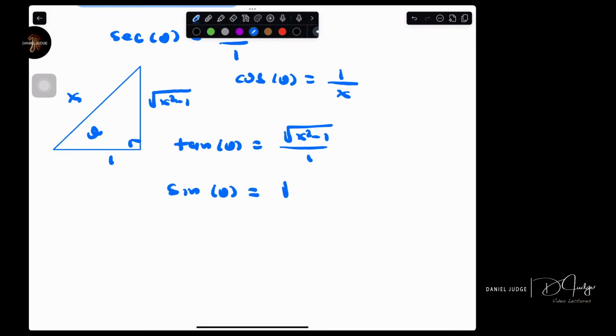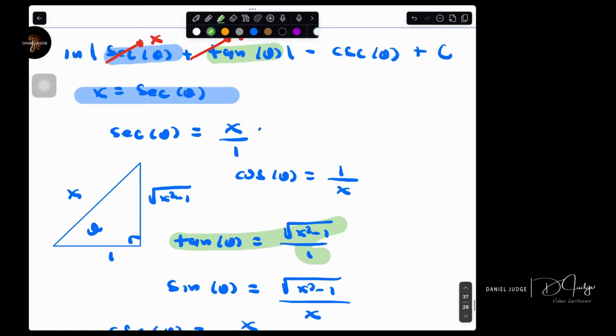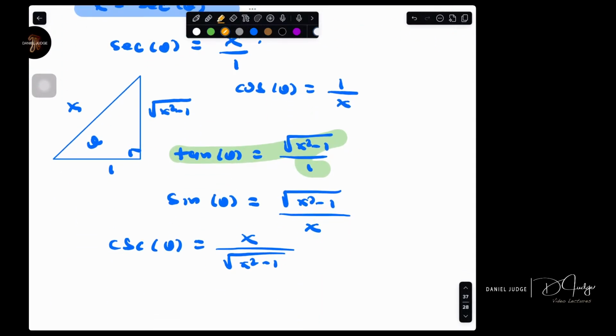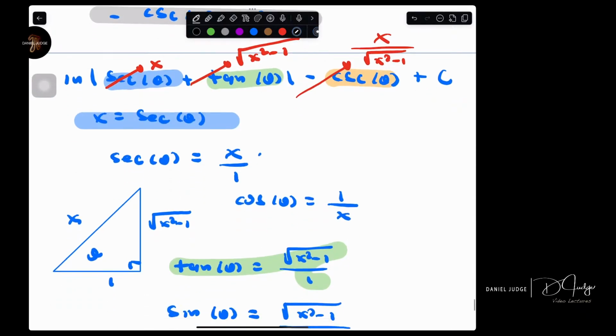Sine is opposite over hypotenuse, so cosecant is the reciprocal, x over the square root of x squared minus 1. Tangent, cosecant.